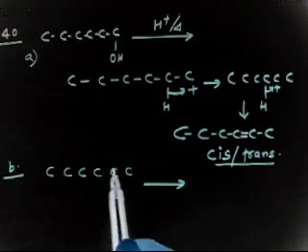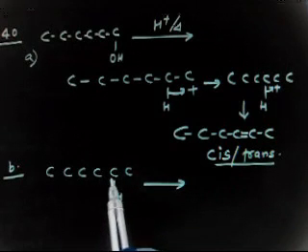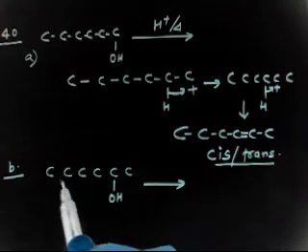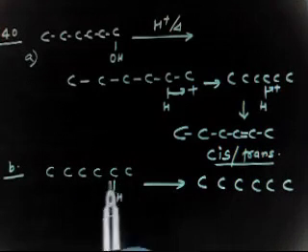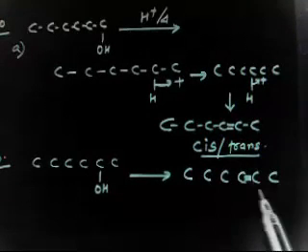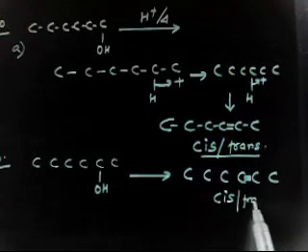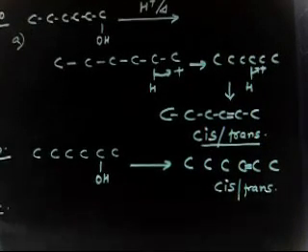In this case you will have a plus here. Now lose H plus from here because there is no point of rearrangement. You have a secondary carbocation, so you will have double bond here. So 1, 2, 3, 4, 5, 6. You will have at this position a double bond. Are you getting or not? So this is a double bond, and once again you will have cis as well as trans both in this case.